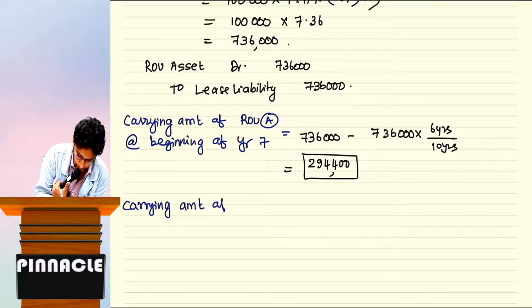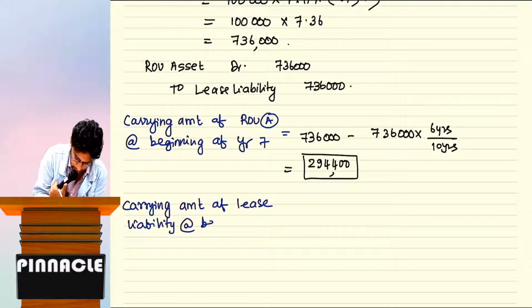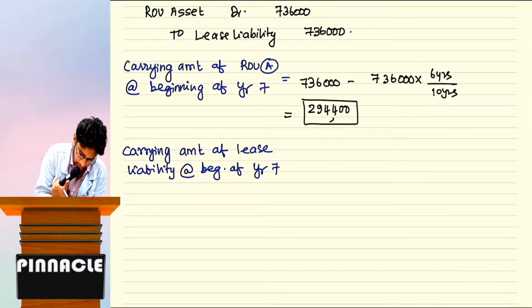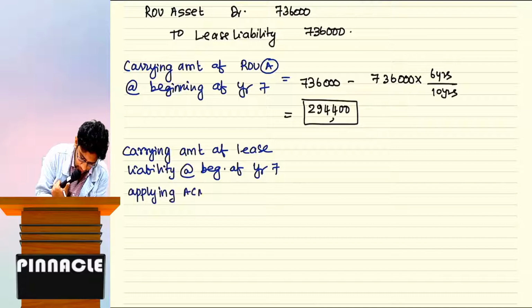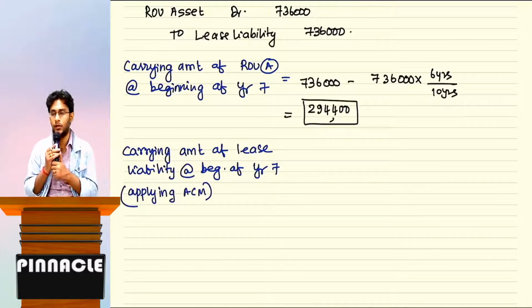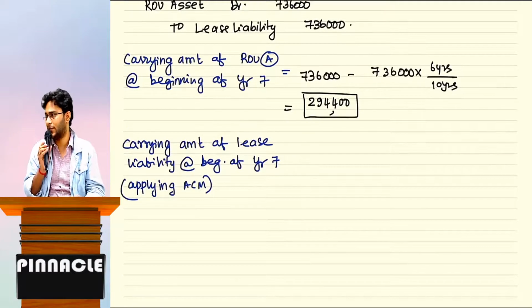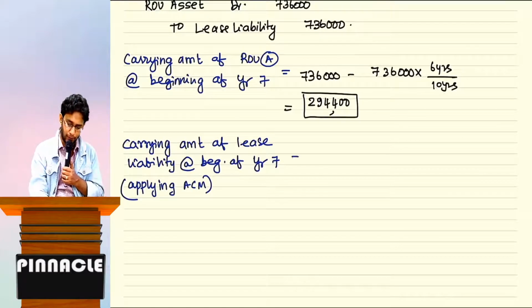Carrying amount of lease liability at beginning of year 7, applying ACM. Sir, you can do an ACM table for 6 years and solve, but you will have to invest a lot of time in that. What's the smart work you can do? Present value of remaining lease payments.